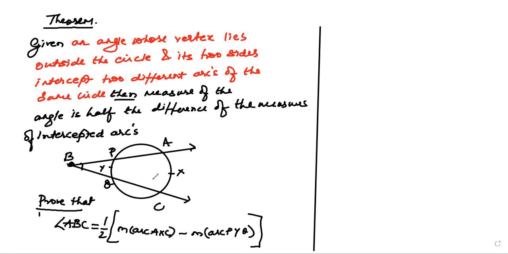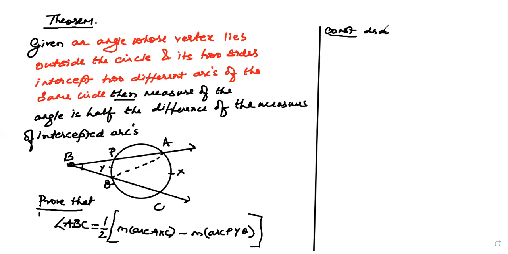But half measure of arc AXC is possible only if I use the inscribed angle theorem. So see here, children, I join either P to C or Q to A. I can join any one of them, either dotted line, Q to A or P to C. I just join it as a construction.